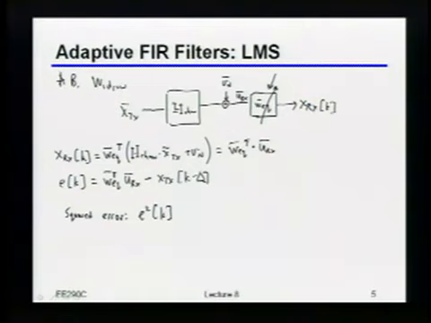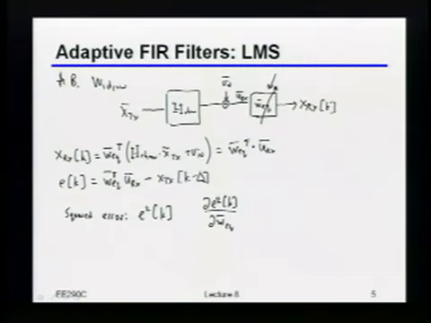So in other words, what we want to do is take the derivative of e squared of k with respect to my equalizer coefficients. Just to be clear, I am taking the derivative with respect to a vector here. That just means I'm taking the derivative with respect to each one of those individual things.